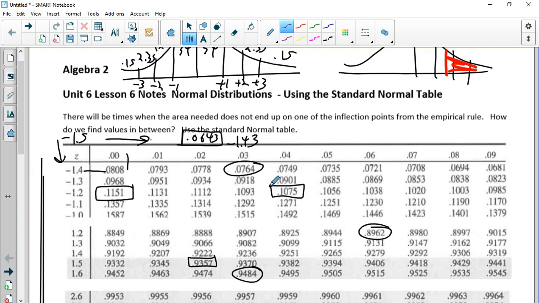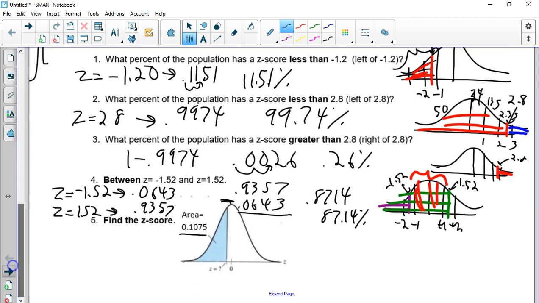So what does that correspond to? Negative 1.24. Z equals negative 1.24. All right? On we go.